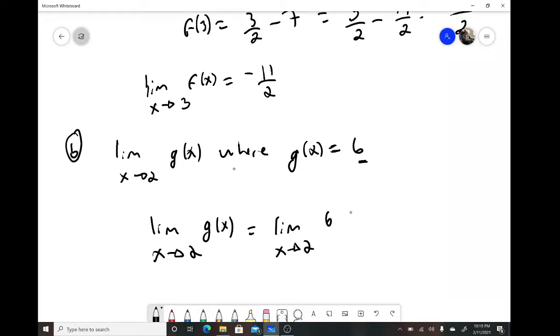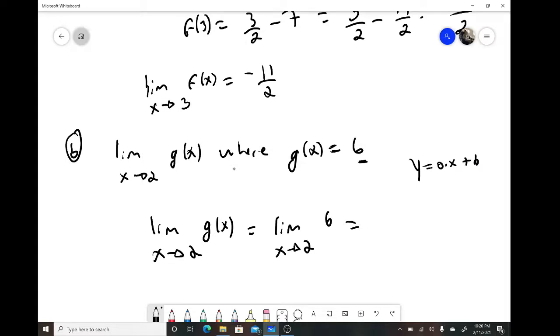But by our rule, this is also a linear function. If you remember from pre-calculus, this is the same thing as having y equals 0 times x plus 6. So that's a linear function.